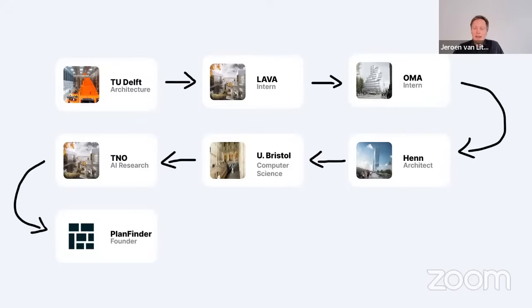And when I graduated, I also worked as a professional architect at Hen in Berlin, a really cool experience. And afterwards, I went back to university and did a second master's degree in computer science. Then worked for 2 years as an AI researcher, and then founded PlanFinder.